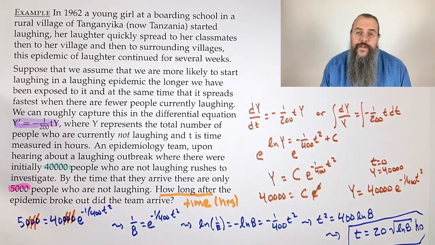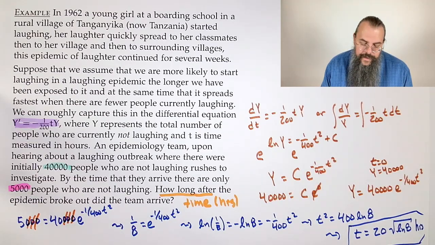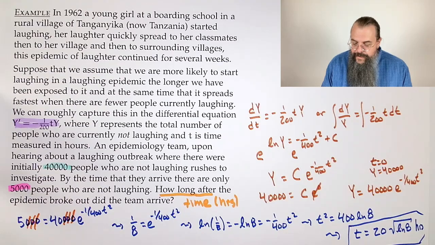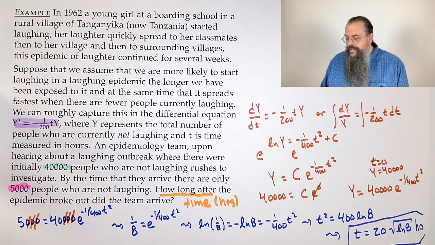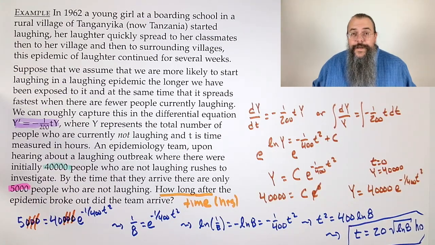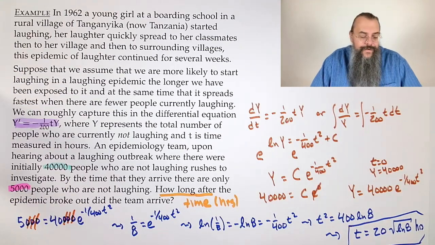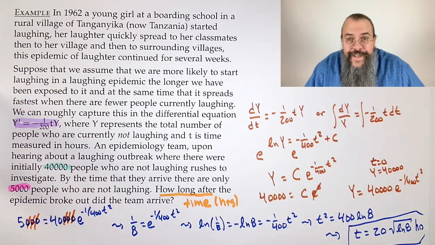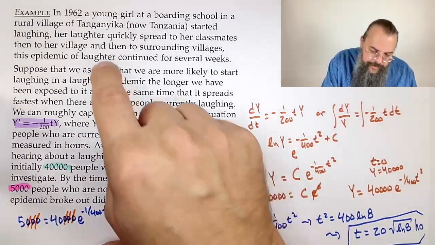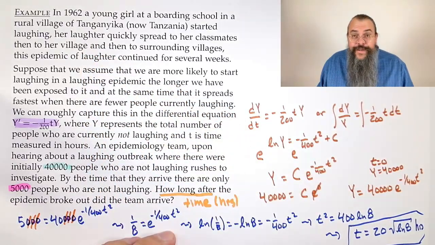That's how long after the laughing epidemic broke out that the team arrived. And we're done. Wow. Cool. If you wanted a better, decimal answer, a good time to grab your calculator. Well, I have to say, laughing epidemics sound pretty good these days. I'd be happy to have a laughing epidemic.